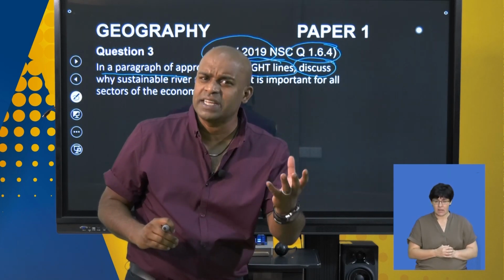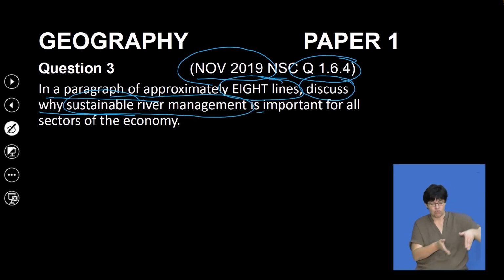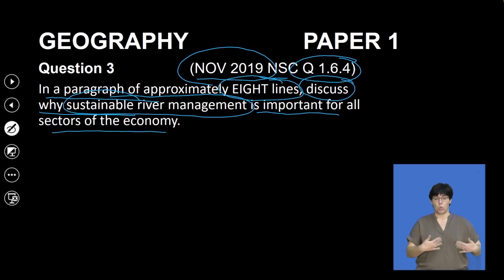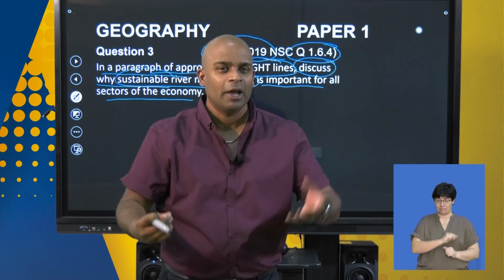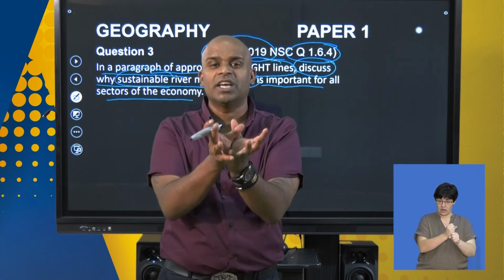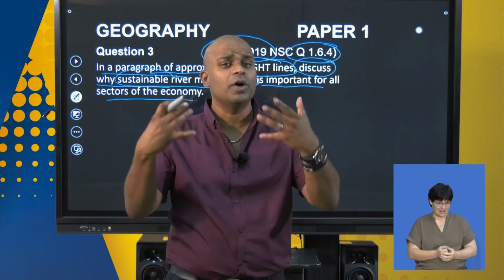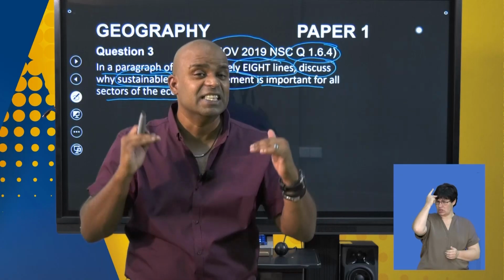Let's look closely at what this question is asking. In terms of this question, why sustainable river management is important for all sectors of the economy. Note the integration again. We're taking physical geography and integrating it with economic geography for this paragraph question. How is your knowledge of these sections?